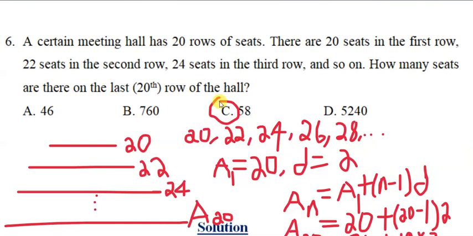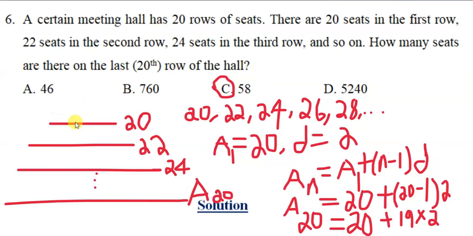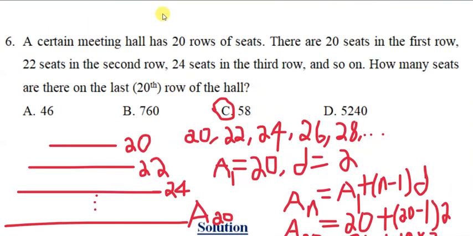Suppose this question appears again this year, and it says: how many seats are there in total, if on the first row there are 20 seats, on the second 22, on the third 24, and so on? Now we already know the first term, a1, which is 20.